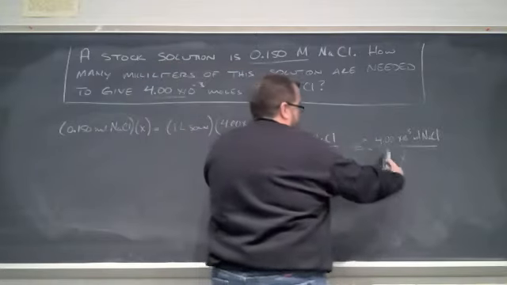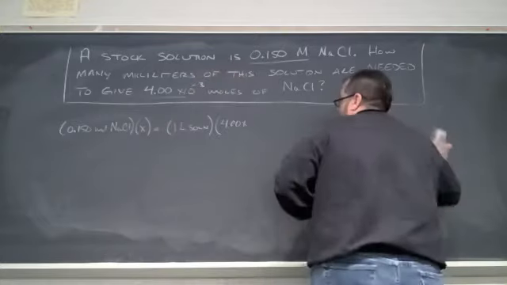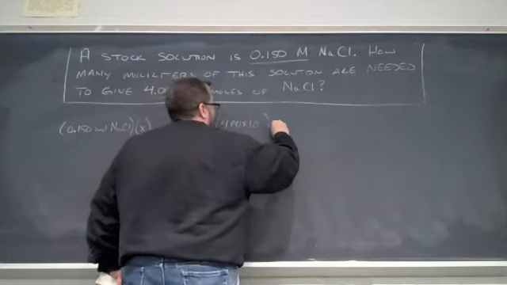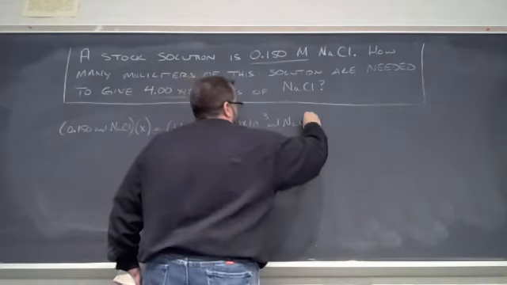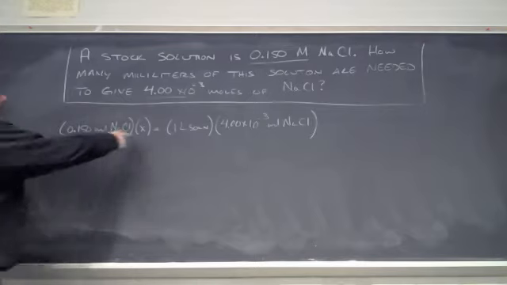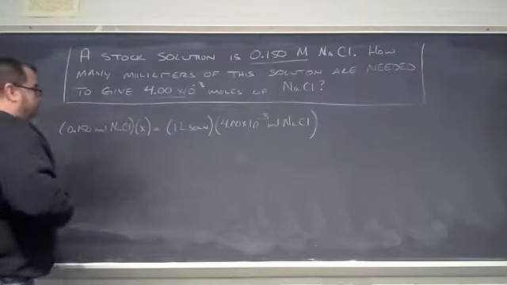So we're taking this and this, multiplying by this and this. And then in order to solve for x, we just divide both sides by this part here, right?